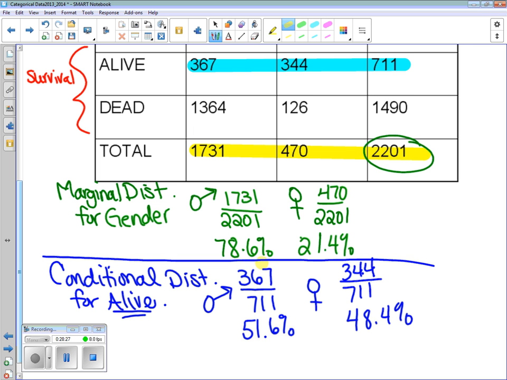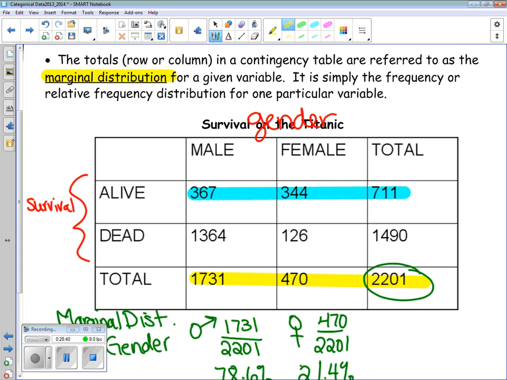Is survival on the Titanic independent of whether or not you were male or female? So again, I said don't yell it out. Think first. Gender versus survival. Those are my two variables. We decided that at the very beginning, right? Trying to decide if they're independent or not.